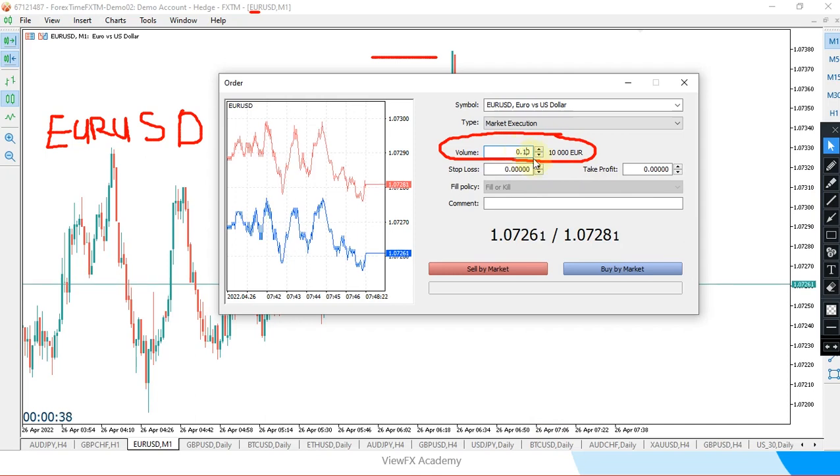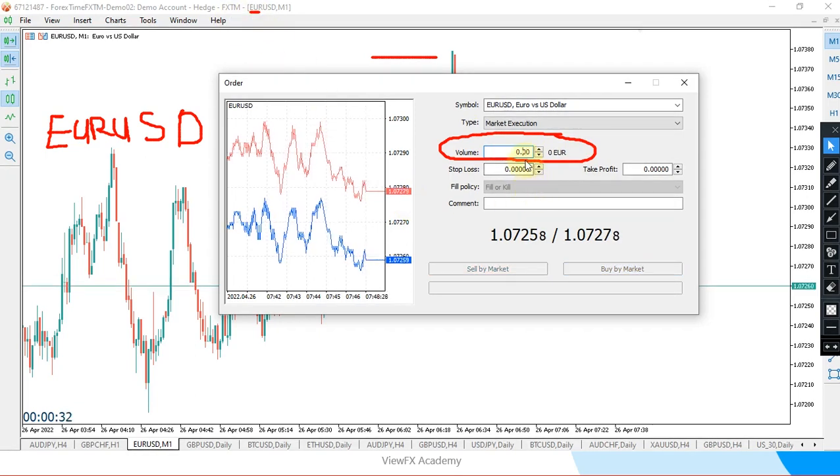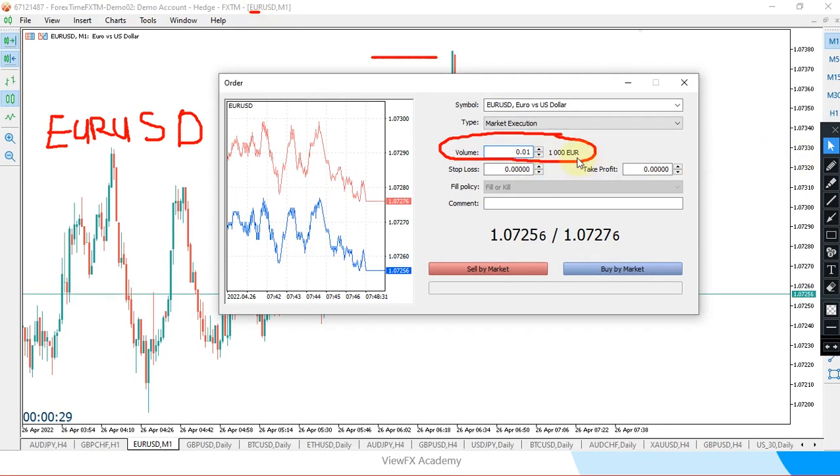When I'm trading with this, it means I'm buying 10,000 of euro, which is the base currency. And when I go to the last one, which is 0.01, it means I'm buying 1,000 units of the base currency.